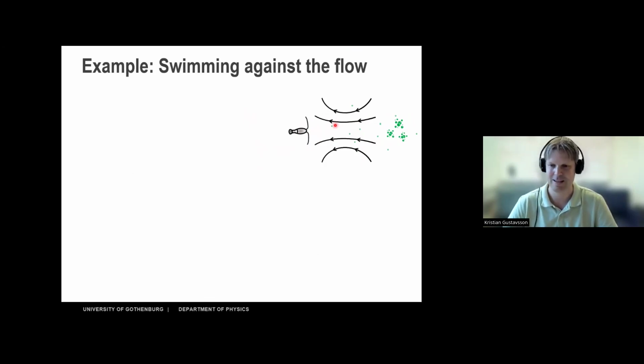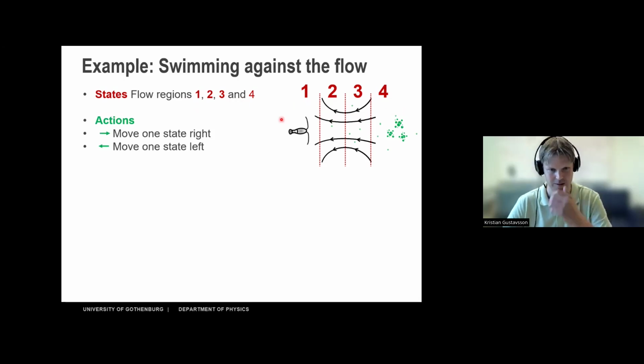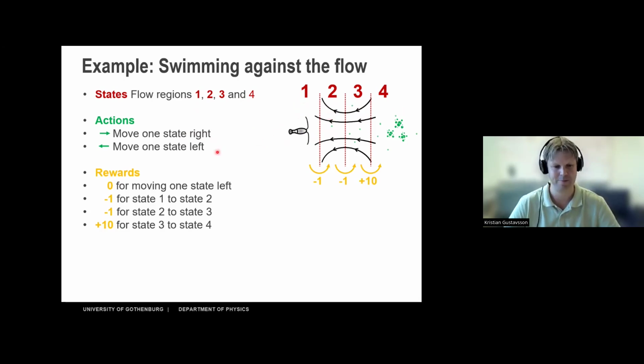And we make a very simplified model of this by dividing the space into 4 states. So we have 4 flow regions like this, and the actions the copepod can take are either move one state to the right or move one state to the left. So you can move from 1 to 2 and 2 to 3, or 3 to 2, so to a nearby state. And then we assign some rewards.